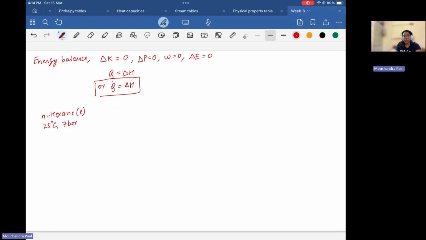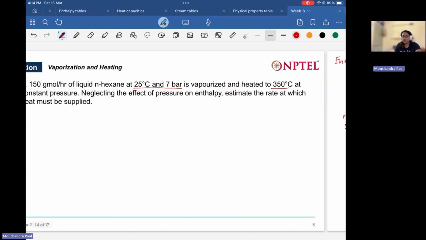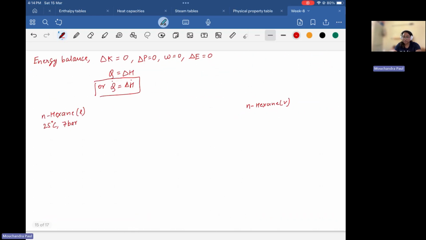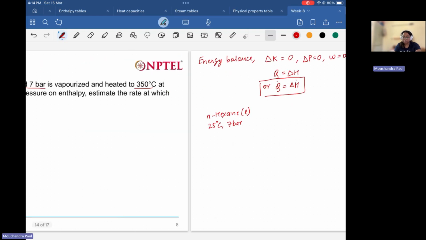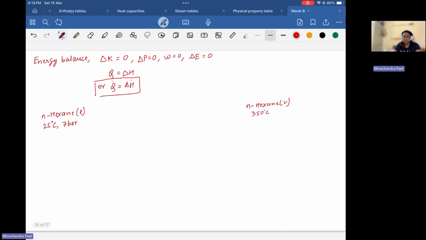Okay. And it has to go to final state, which is a vapor phase, which is at 350 degrees Celsius. And the pressure is constant, 7 bar.